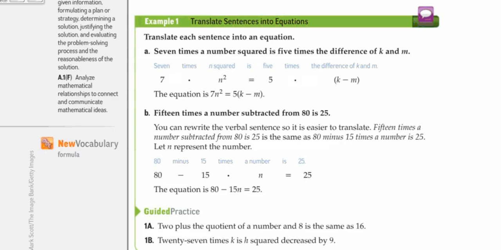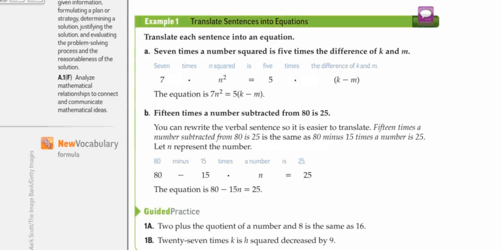There's 5 and then the dot symbol. And then the difference of k and m, notice how k and m are in parentheses, k minus m. It's a quantity. K minus m is the difference of k and m. The order matters. The difference of k means k goes first, then the minus sign.